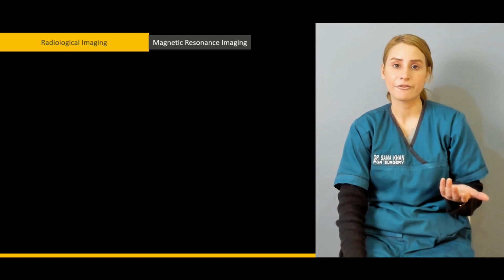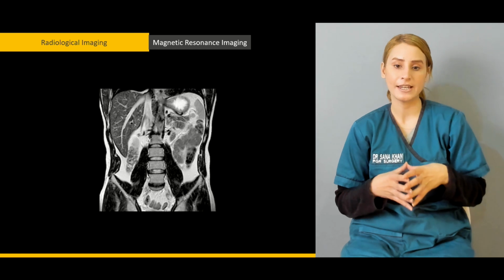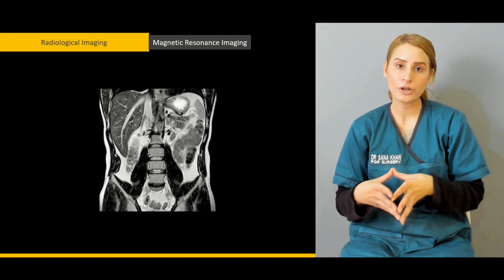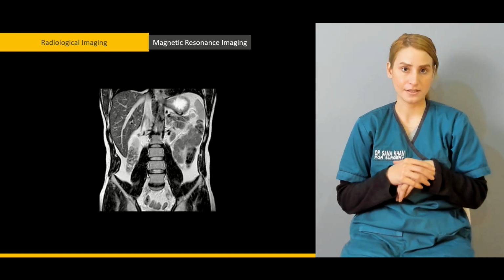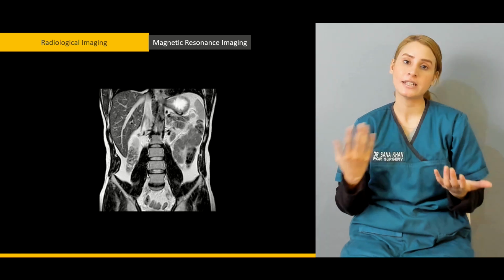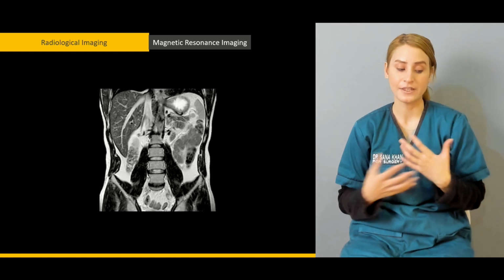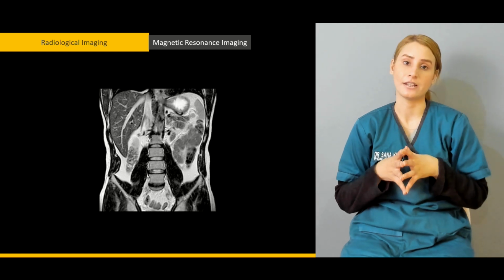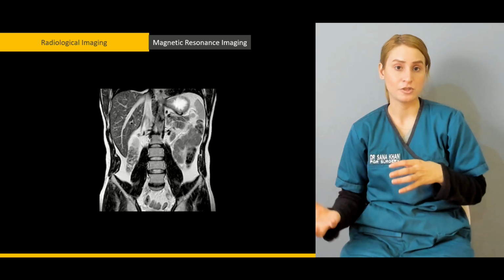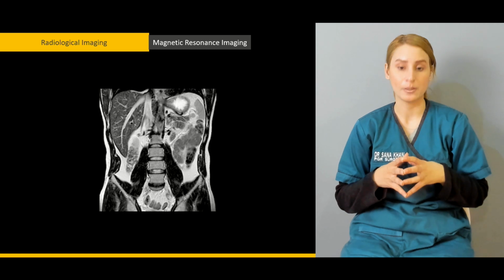Sometimes magnetic resonance imaging, because MRI is more sensitive to soft tissues, can give you more information if there are parenchymal changes in the liver and parenchymal changes in the spleen, so it can help you either way.